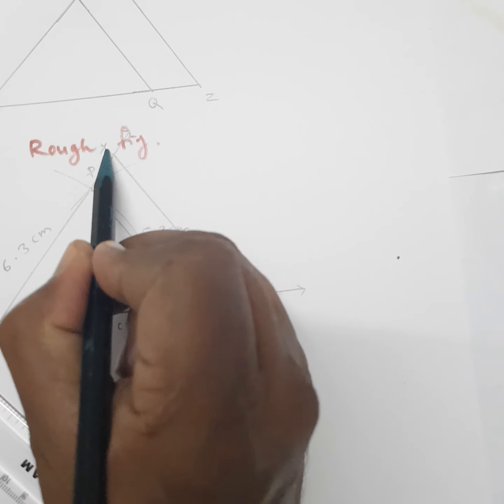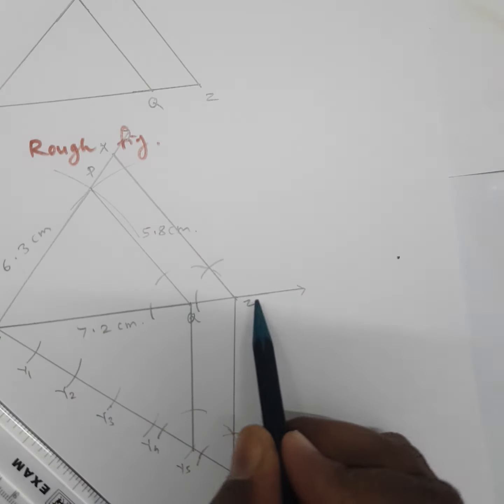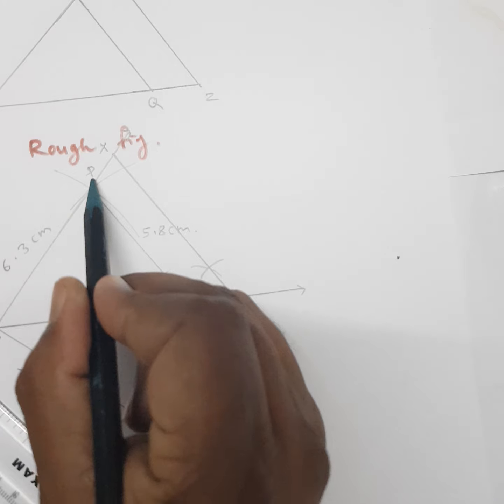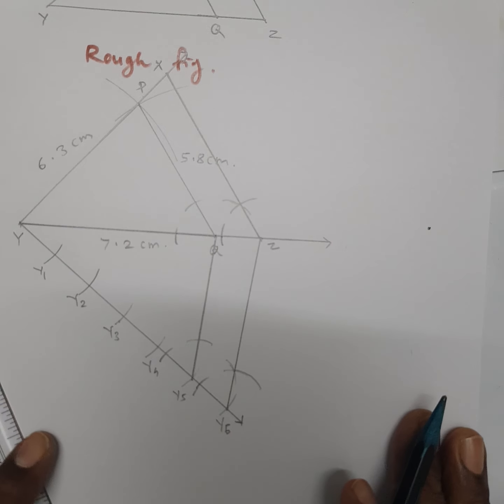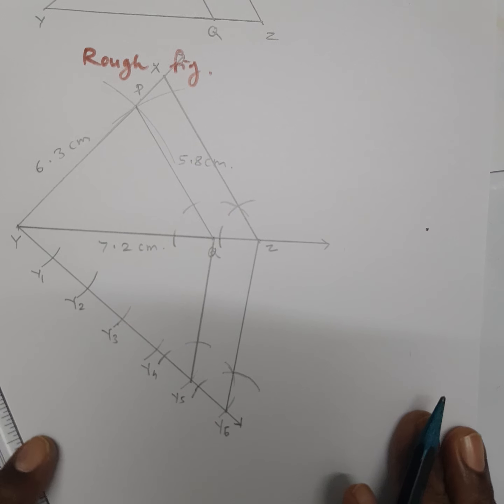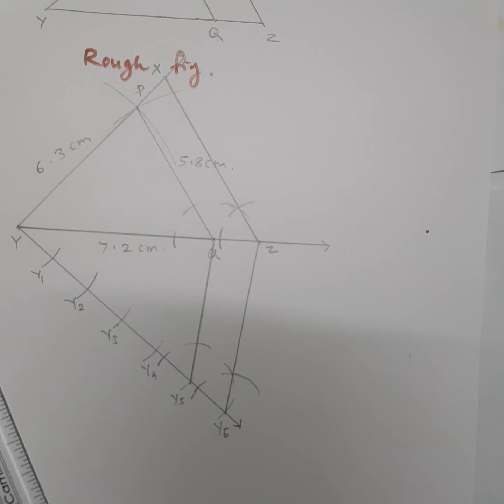It is triangle XYZ similar to triangle PYQ. In this way, there is construction of similar triangles.